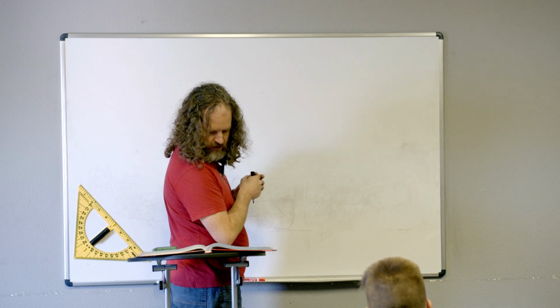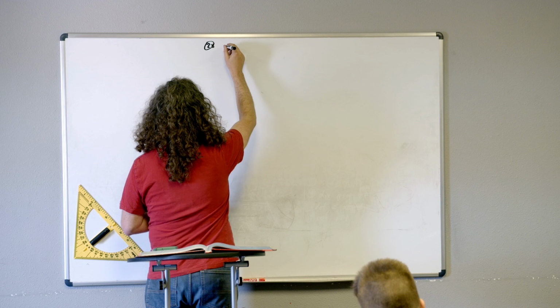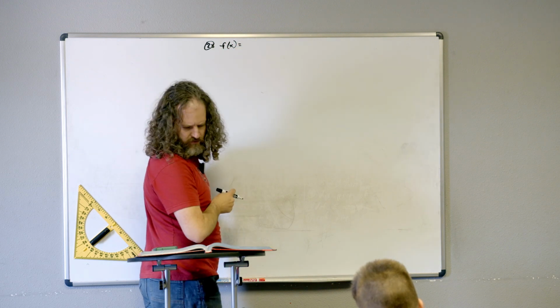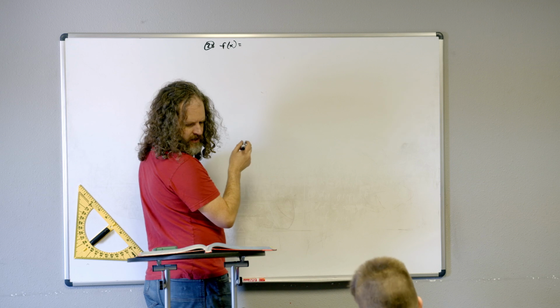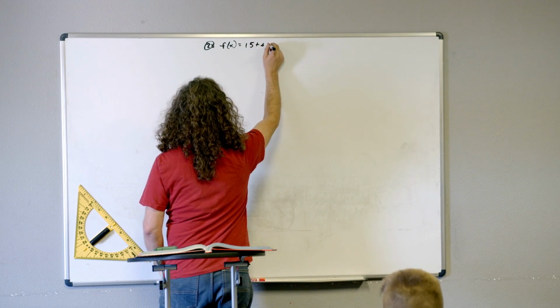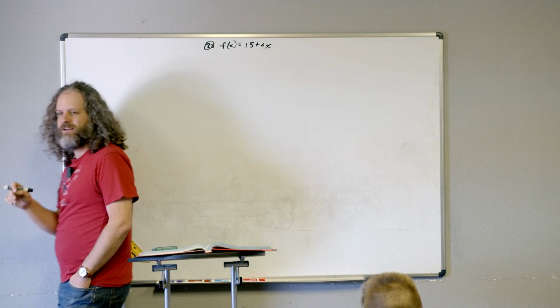28, you said. So let's find the 0 of f of x equals 15 plus 6x. Okay, so what does that mean?